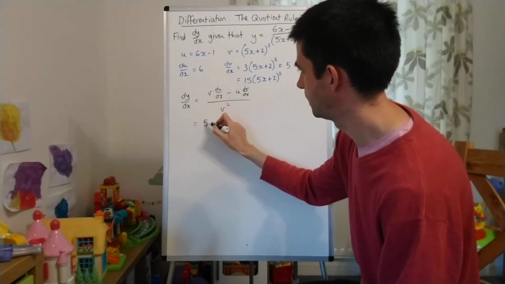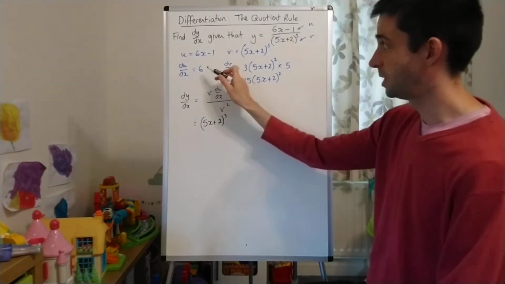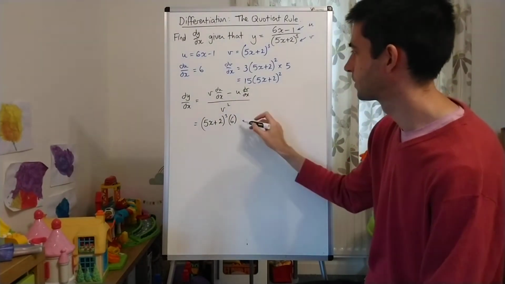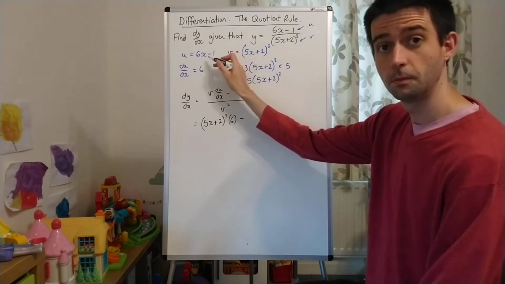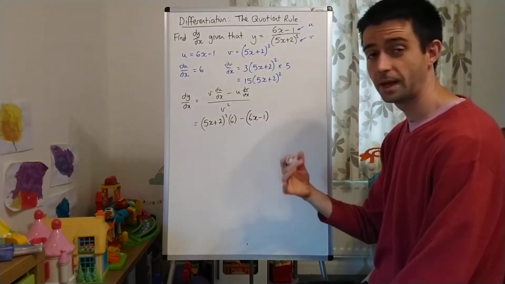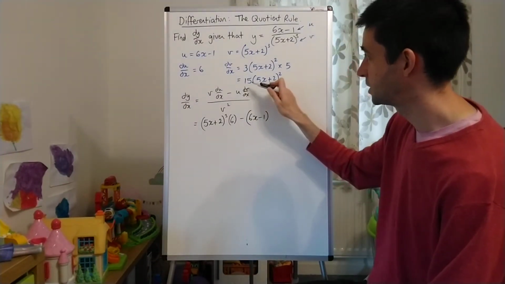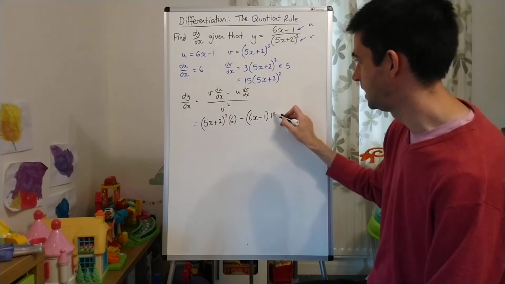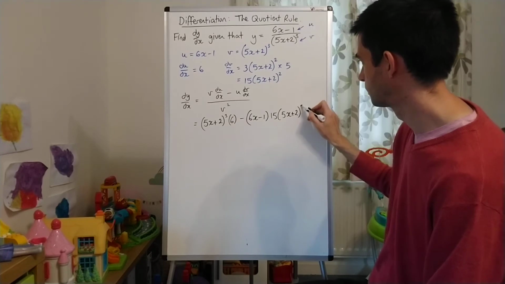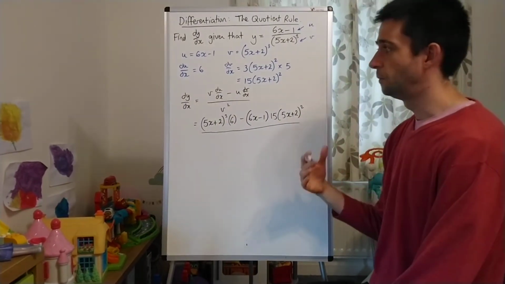So we have (5x plus 2) cubed multiplied by du/dx, which is 6, then minus u, which is (6x minus 1). Important you have the bracket around that because it's a two-term expression. Multiplied by dv/dx, which we've now got as 15 lots of (5x plus 2) squared. And that is all over v squared.